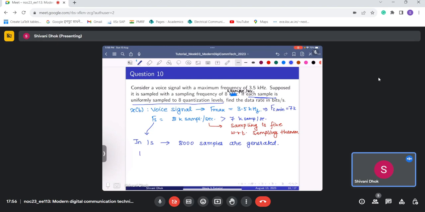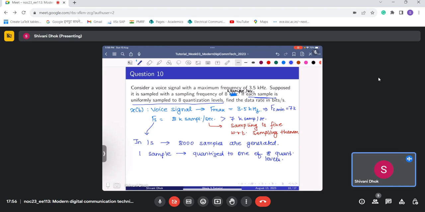So one sample is quantized to one of 8 quantization levels, uniformly quantized.